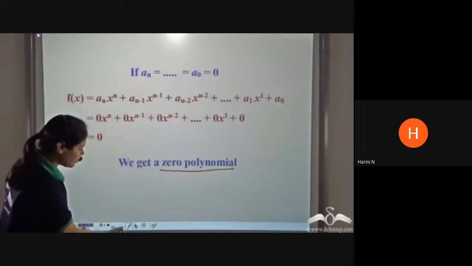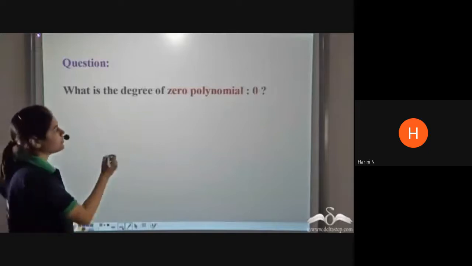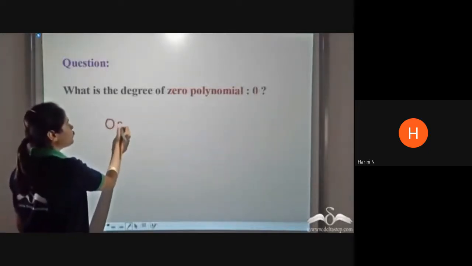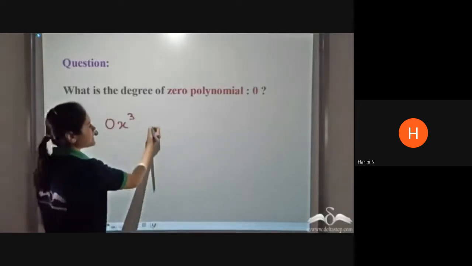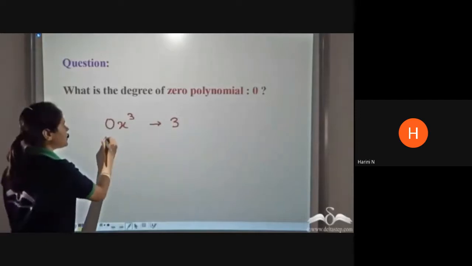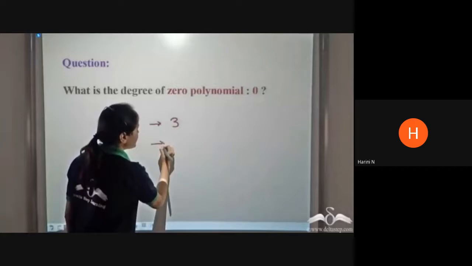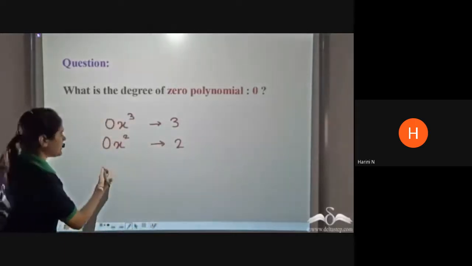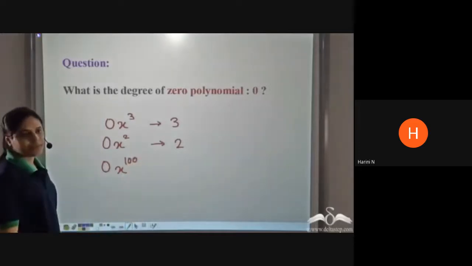But what is the degree of this 0 polynomial? Now this 0 can be written as 0 times x cubed. In this case, the degree will be 3. It can be written as 0 times x squared. In this case, the degree will be 2. It can be written as 0 times x^100.